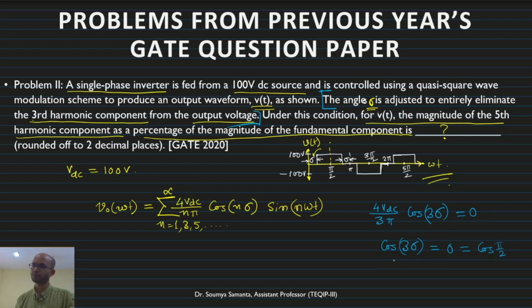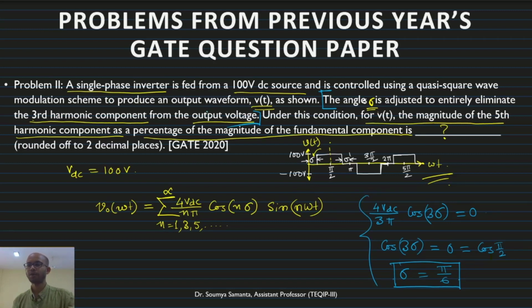I am taking the smaller one, because the angle should be between 0 and pi by 2. So therefore this will be pi by 6. So this will be the angle where the third harmonic will be eliminated. That is how we have to solve it.